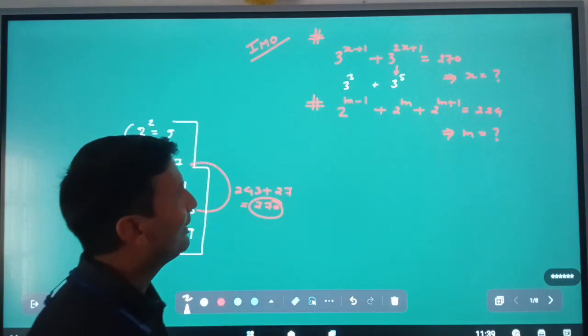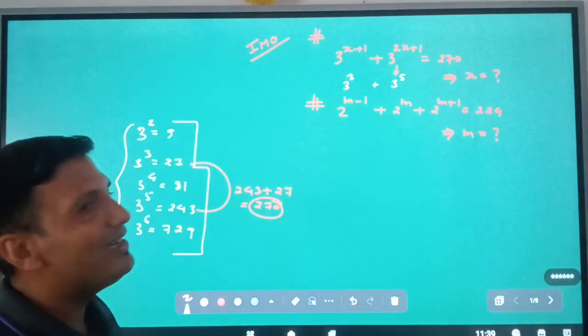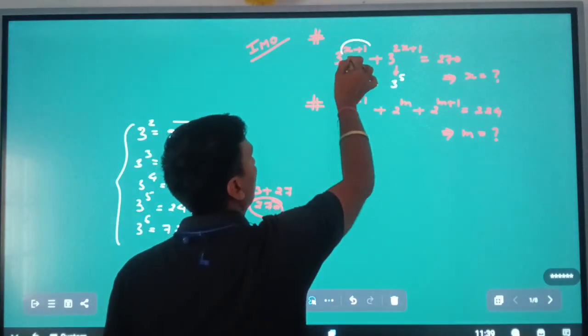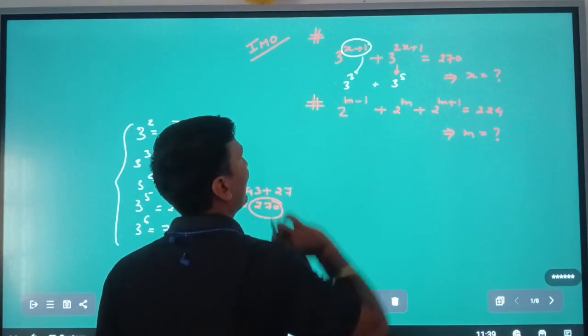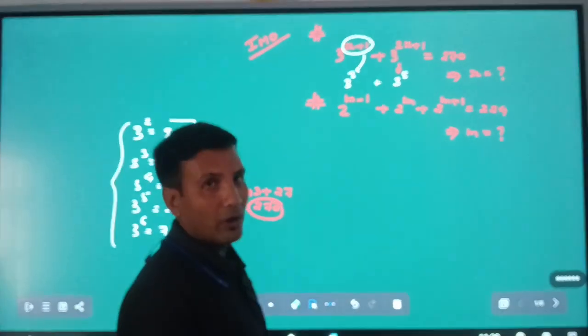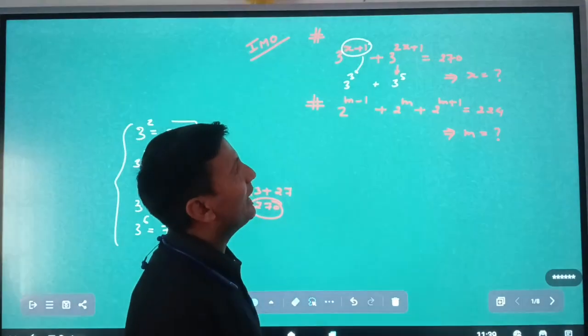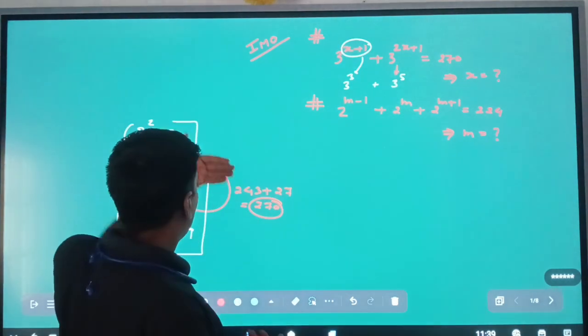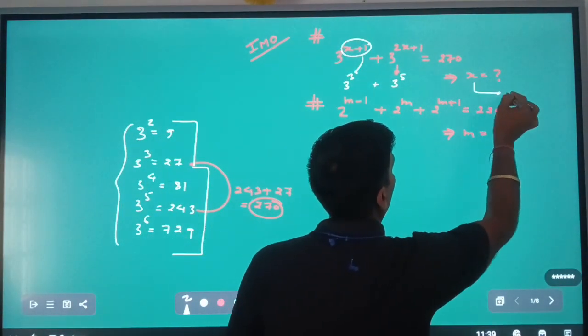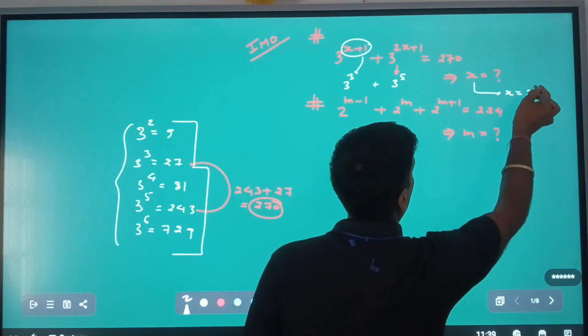So by using this technique you can easily find the value of x. You can say that x plus 1 is equal to 3, so x is going to be 2, and this 2 also satisfies the second format: 2 into 2 plus 1 is going to be 5. So if you know some data, you can easily jump to the answer and x will be equal to 2.